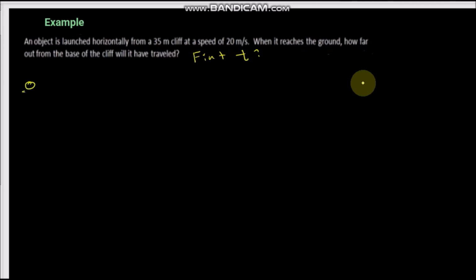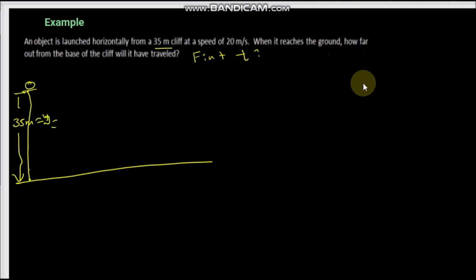Let me sketch here. We have an object, and a 35-meter cliff. That means the object is above 35 meters. This is given as the y, or the height. And it's projected horizontally.